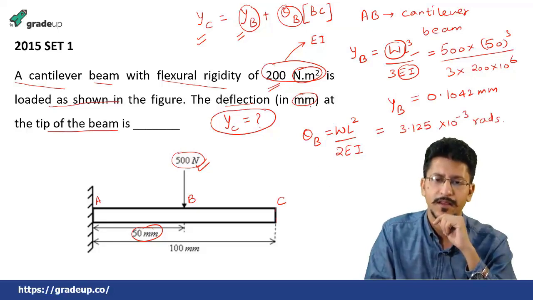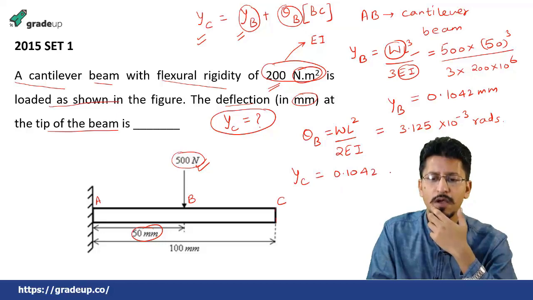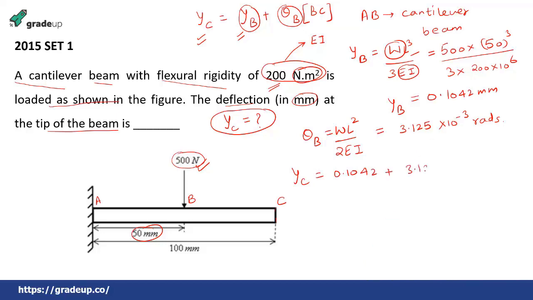Then substituting the values here, you get YC equal to YB, which is 0.1042, plus 3.125 into 10 to the power minus 3 multiplied by the distance BC. BC distance is 100 minus 50, which is equal to 50.